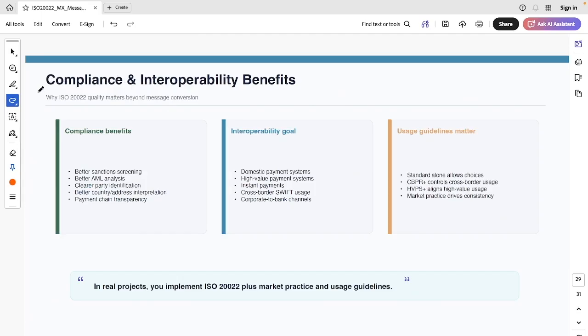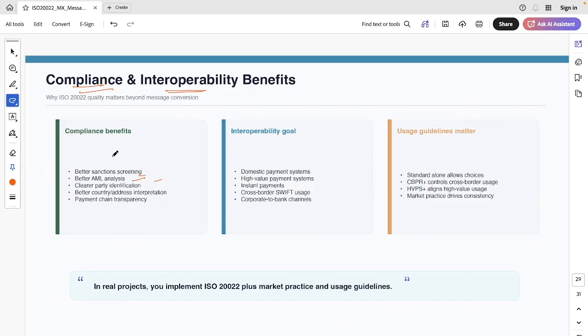Okay, beyond the architecture, ISO 20022 also matters for compliance and interoperability. Banks care about ISO 20022 not only because the industry told them to migrate, they care because rich structured data can improve compliance, monitoring, interoperability, and customer outcomes.